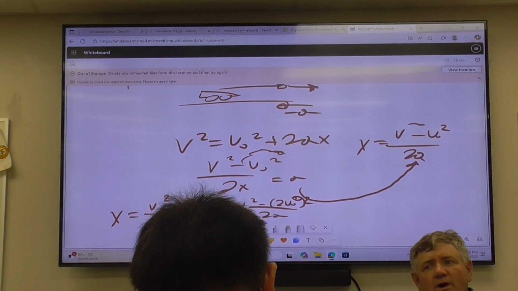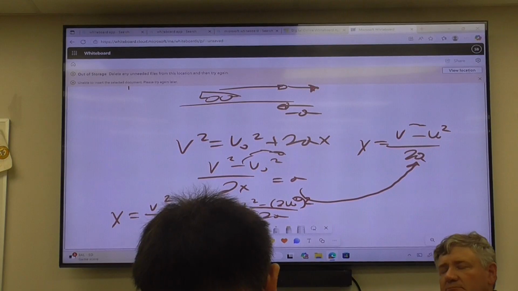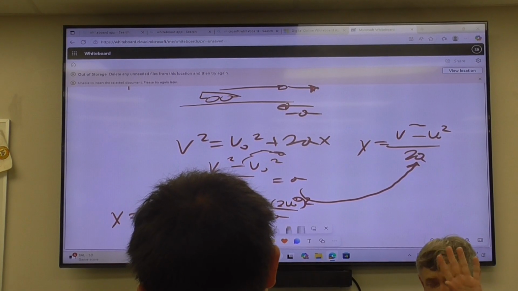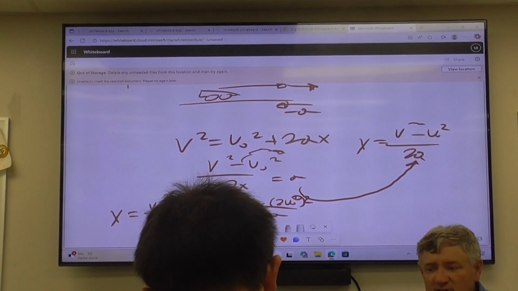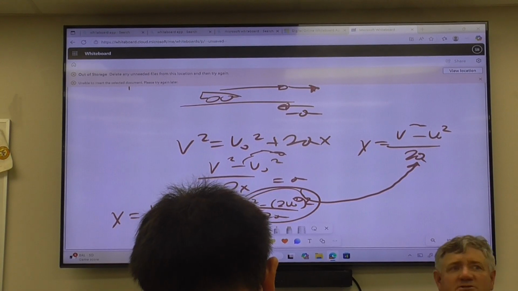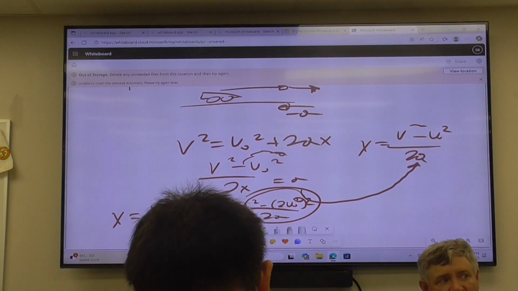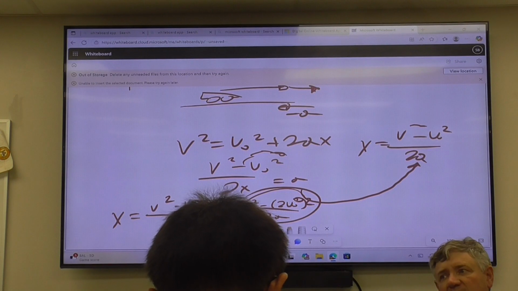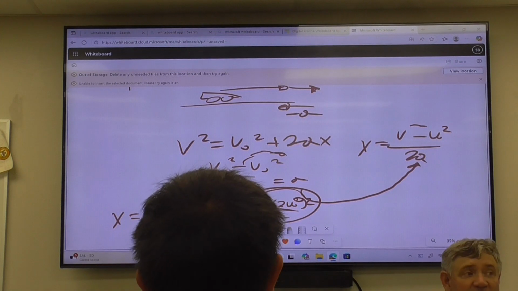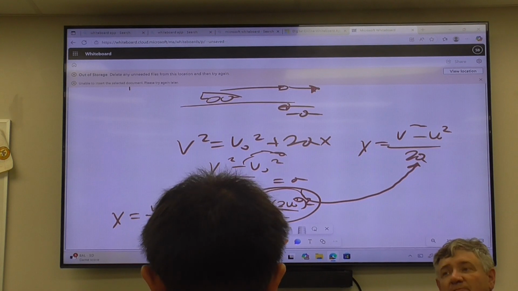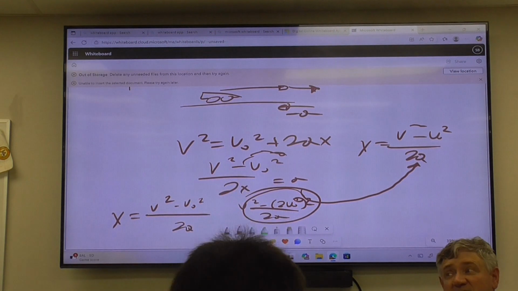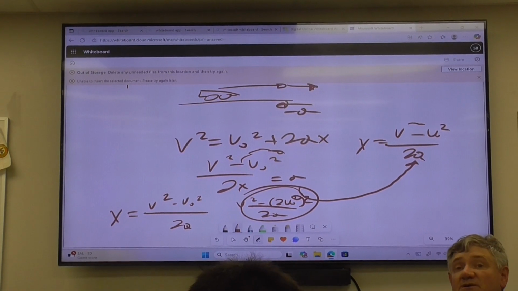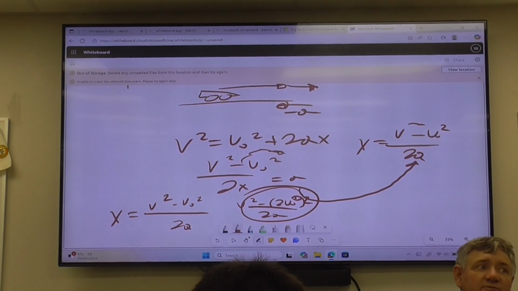Well, once I square 2v naught, it sounds weird, what do you get? 4v naught squared. So if this side of the equation goes up by a factor of 4 because you're doubling the velocity, what has to happen to your stopping distance? It has to go up by a factor of 4. So if your initial stopping distance was 3 meters, your new stopping distance is going to be 4 times greater than that, otherwise known as 12.